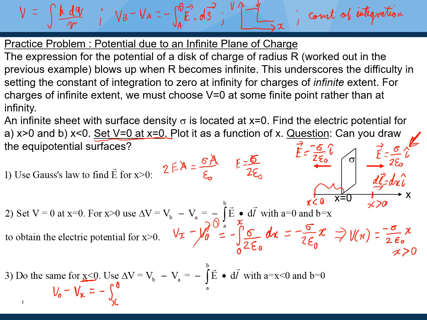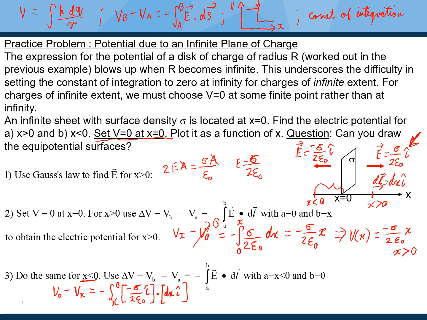And then we have our electric field for x less than 0 being given by minus sigma over 2 epsilon naught times i hat. And this is dotted with the displacement, which is in the positive x direction, so we write it as dx times i hat. Okay?